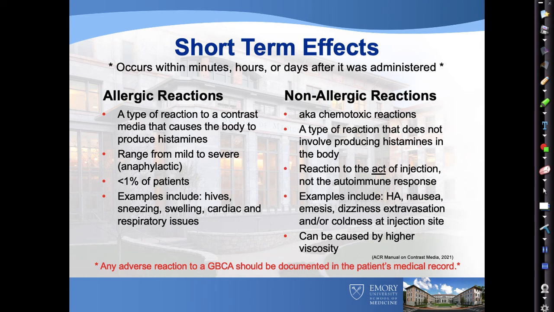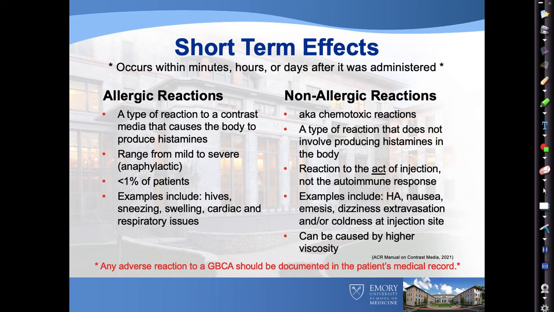Now let's discuss non-allergic reactions. Non-allergic reactions are also called chemotoxic reactions. A non-allergic reaction is a type of reaction that does not involve producing histamines in the body. This is a reaction to the act of injecting, not the autoimmune response.